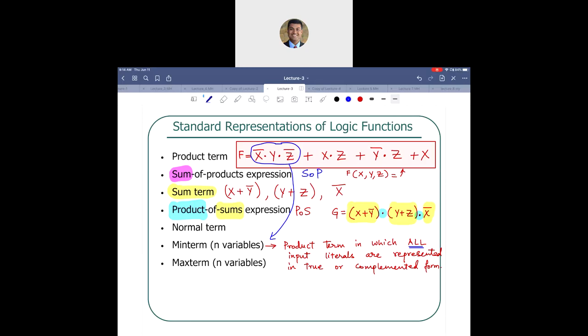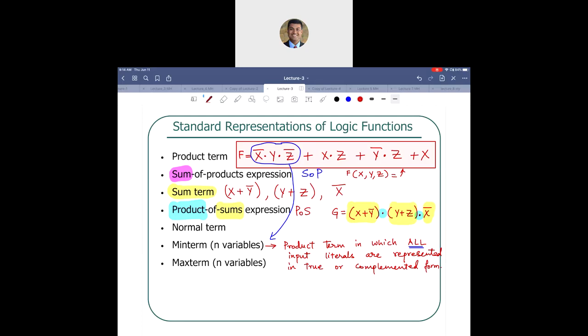X and z are represented in their complemented forms, and y is represented in its true form. That's your minterm, indicated by small m. We'll talk more about that in just a bit.